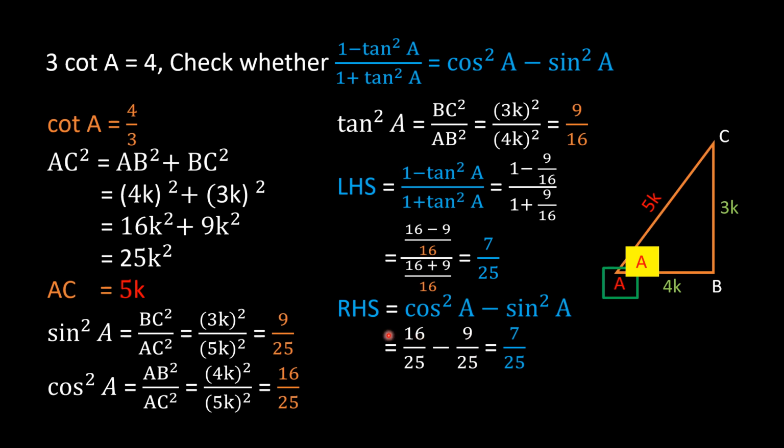So 16 minus 9 is 7 divided by 25. So RHS is also equal to 7 divided by 25. Since LHS equals RHS, we can say that 1 minus tan square A divided by 1 plus tan square A equals cos square A minus sin square A.